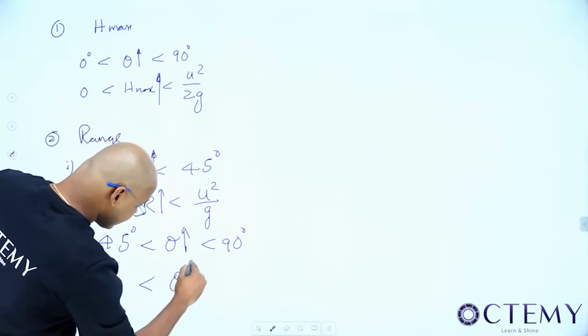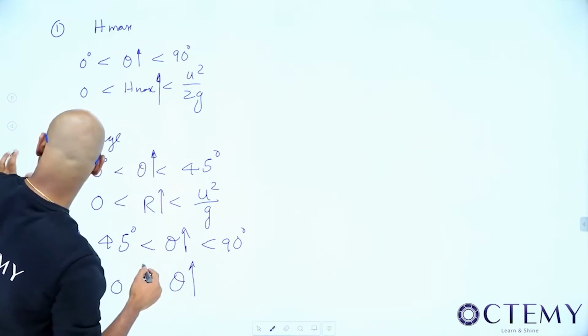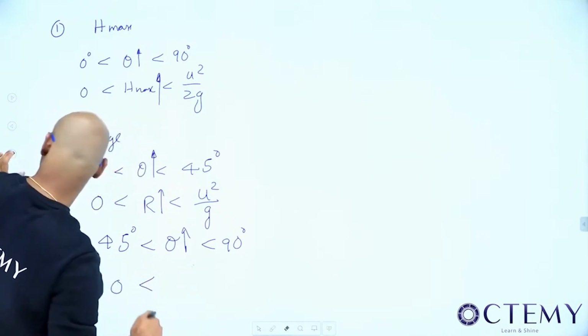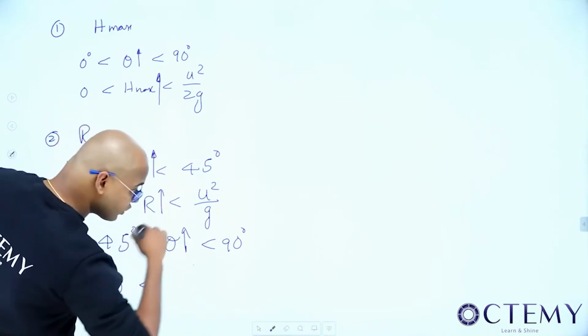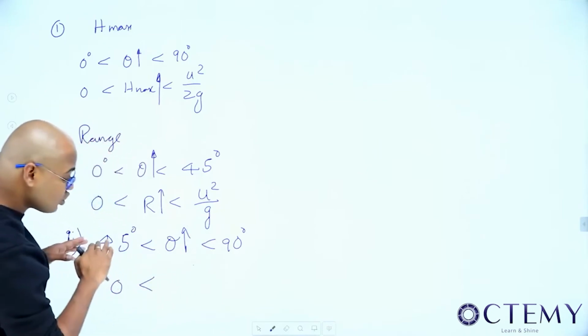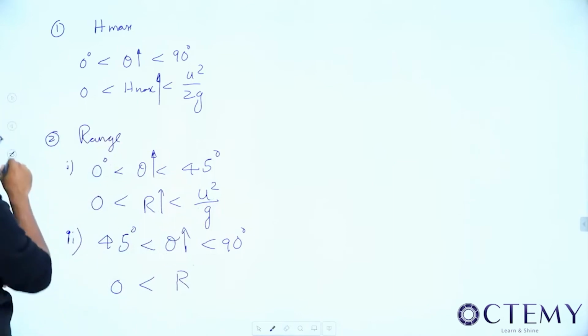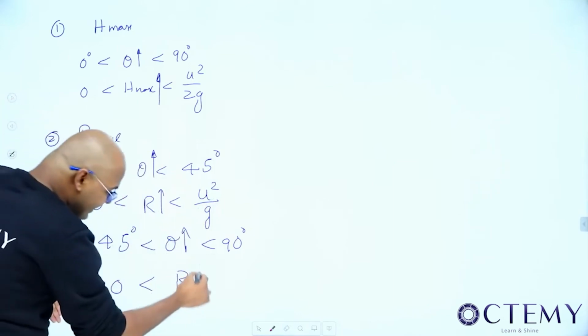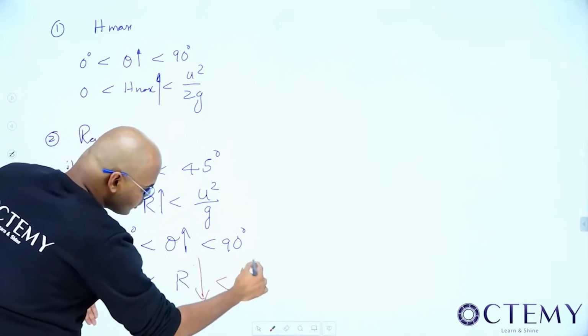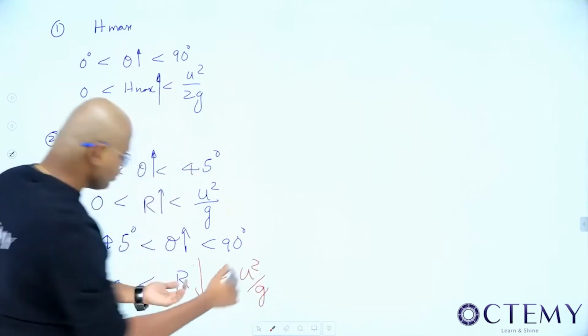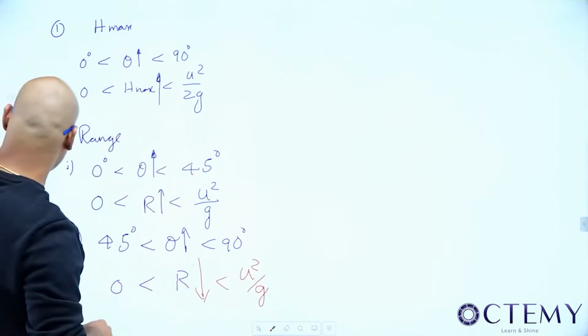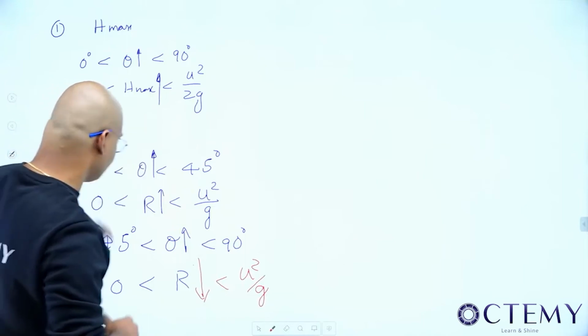As theta is increasing from 45 to 90, my range is not increasing from 0 to U square by g. It is decreasing, from U square by g to 0. I will explain it here beautifully. See here, all of you.